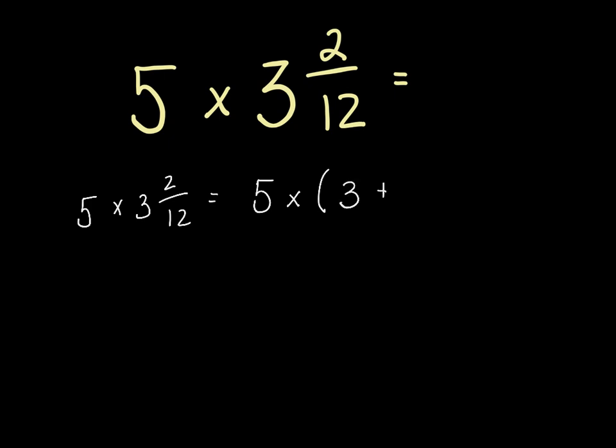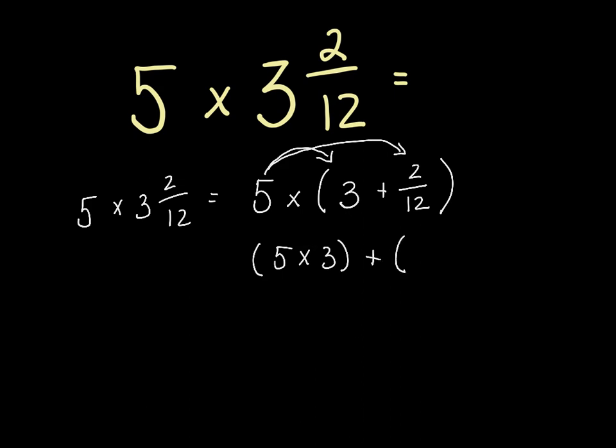So 3 plus 2/12. Now, distributive property is where we distribute, means we give out that 5 to each one of those numbers, the whole and the fraction. So 5 times 3, that's one part, plus 5 times 2/12.